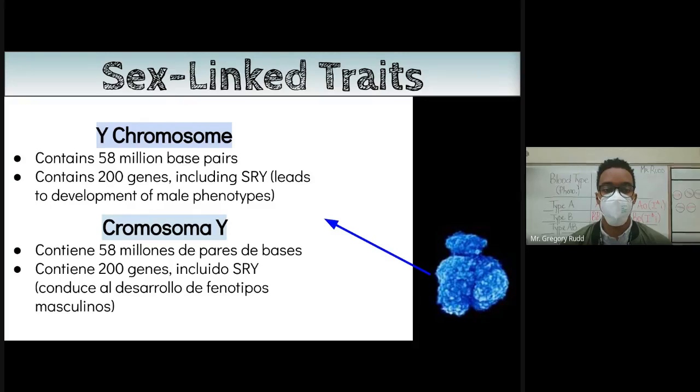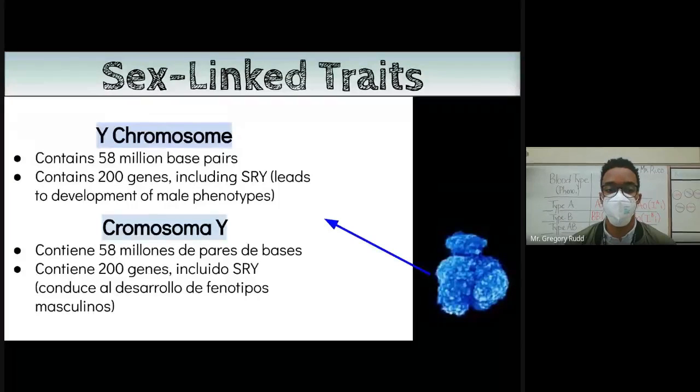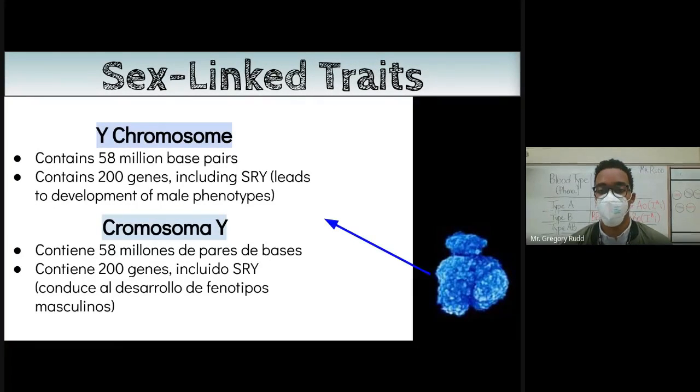One of the more important genes that it contains is called the SRY gene, and this leads to the development of male phenotypes. So it leads to your male sex characteristics: broader shoulders, a deeper voice, more body hair.